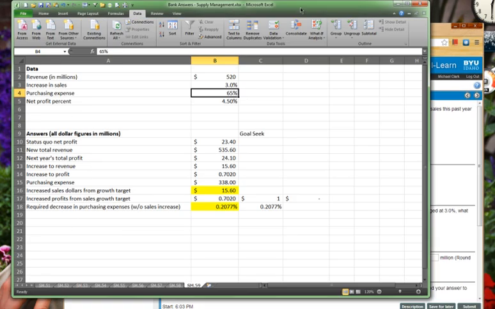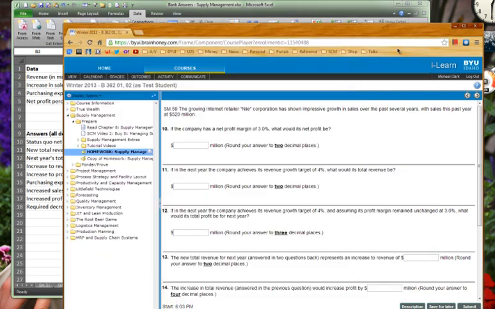Now, this problem is set up in a way where we're going to walk step by step in order to build our understanding of the different percentages and how they play into profit, and then how that plays into the savings or the increase to profits that can come from reducing our purchasing expenses. So here again we have $520 million revenue, and we have a net profit margin of 3%.